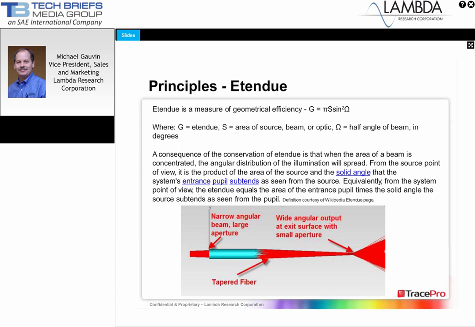What happens is the tapered left end has a very large aperture, and the right side of the exit area is very small. So if I have a very narrow angular beam or almost collimated beam going in the left side into the left aperture, étendue says that it's going to have to come out this much smaller area with a much higher wide angle output.